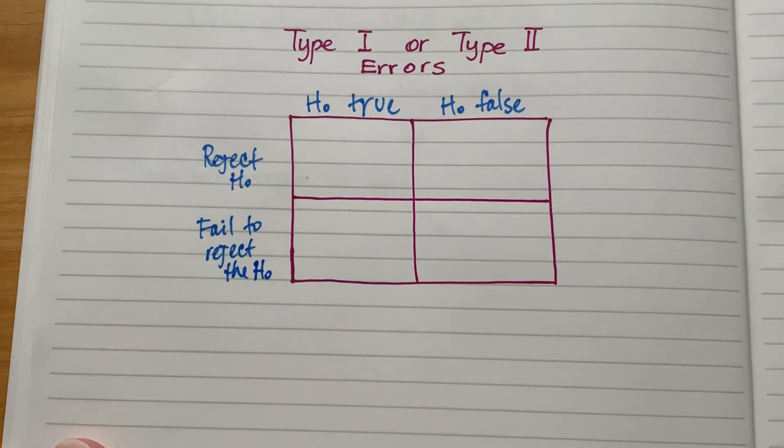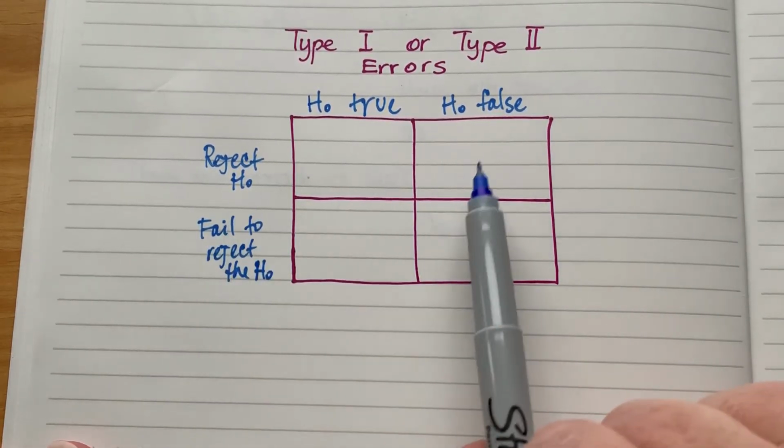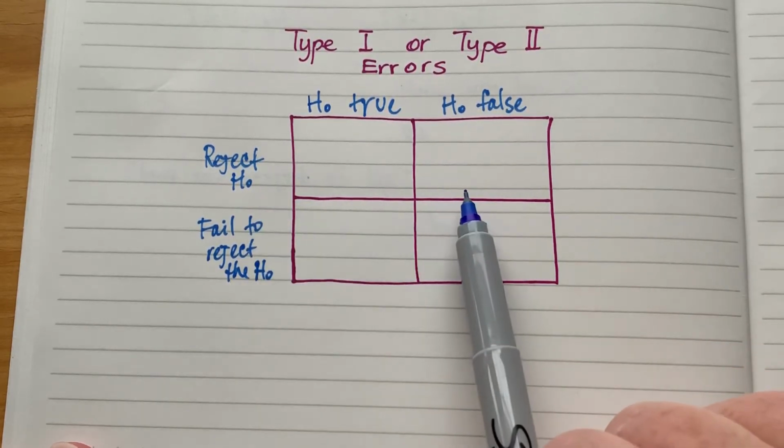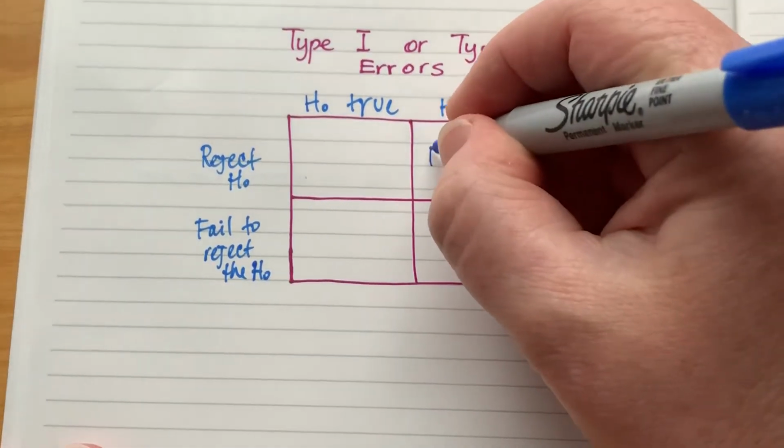All right, let's start with this corner over here. If the null was false and we rejected it, this is actually the right thing. We've done the right thing. This is correct.